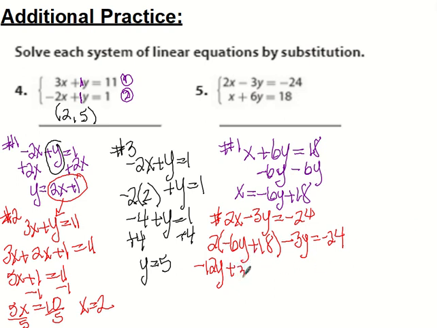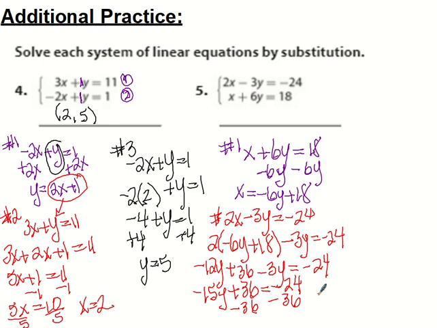Sorry about that. 36 minus 3y equals negative 24. Negative 12y, take away 3 more y's, would actually be negative 15y plus 36 equals negative 24. I'm going to subtract 36.